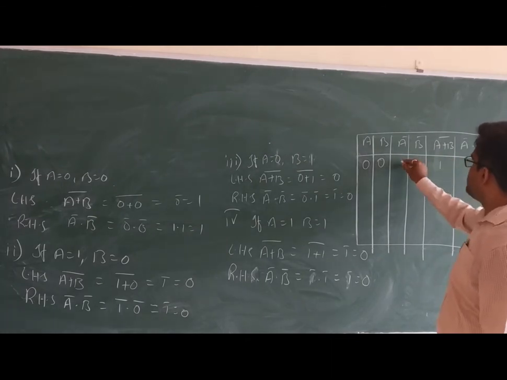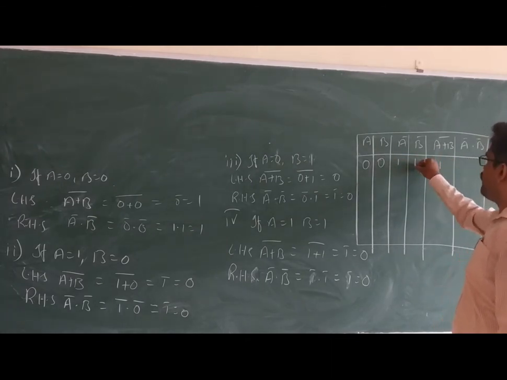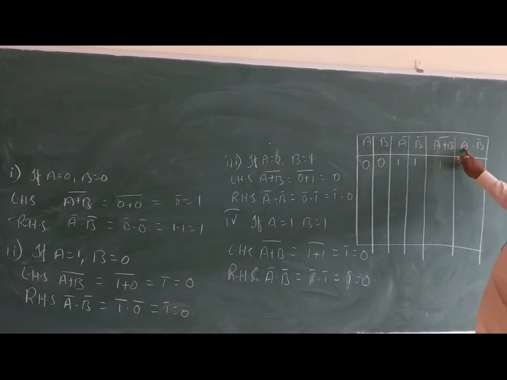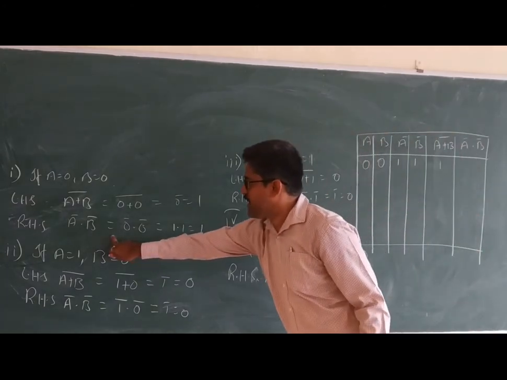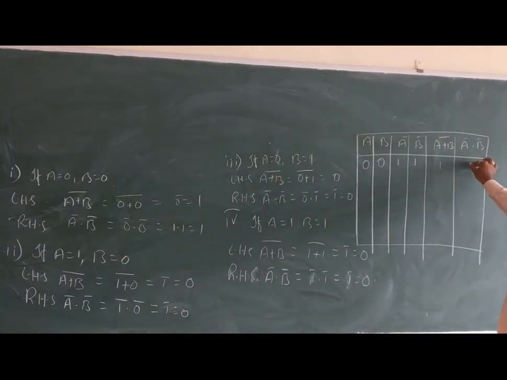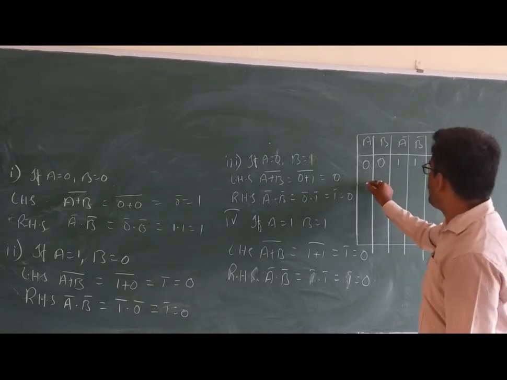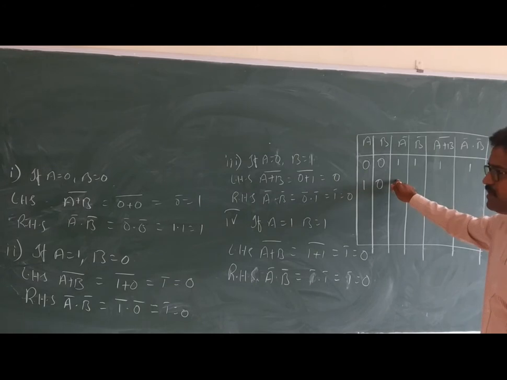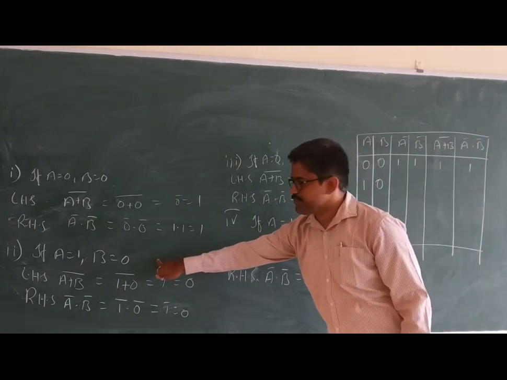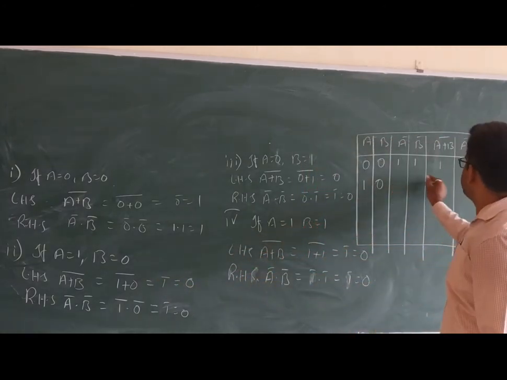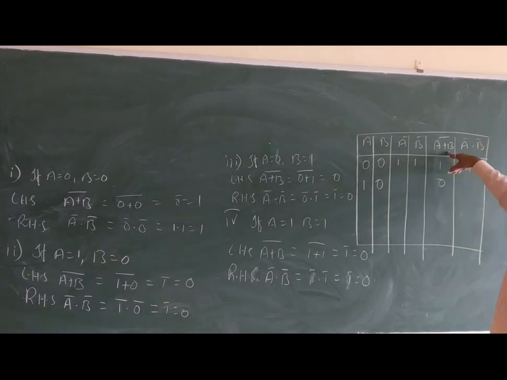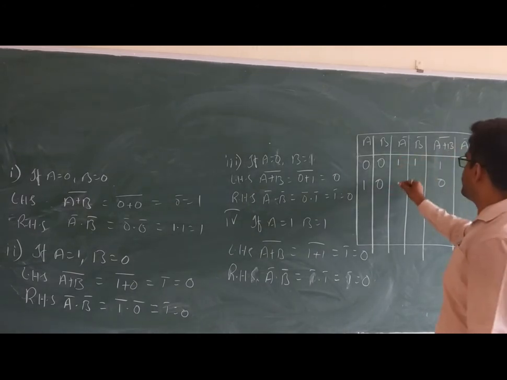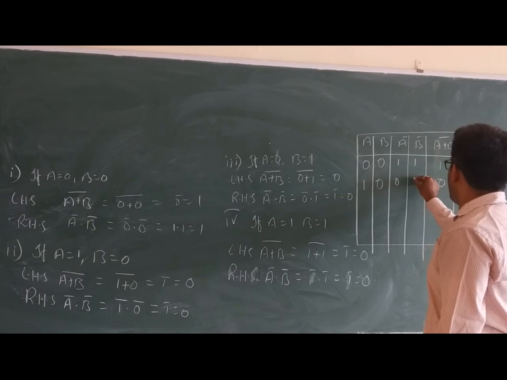And the complement of A dot complement of B is 1 and 1, which is equal to 1. Similarly, for 1 and 0, from case 2, we get A plus B whole complement equal to 0.